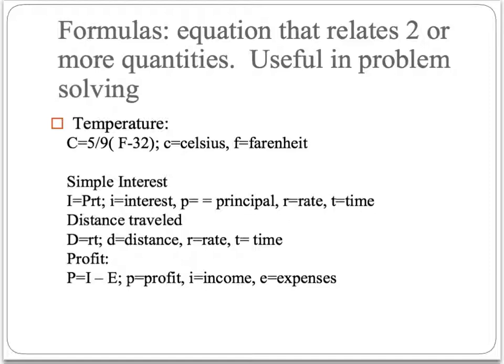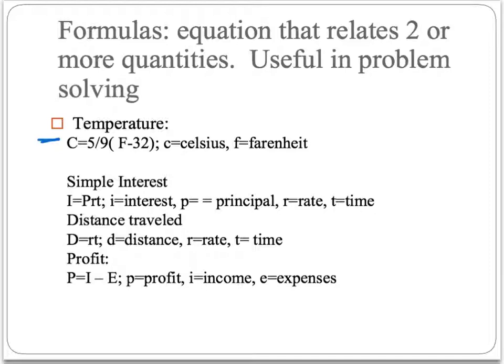When you are solving a problem, oftentimes you need to use formulas. Formulas are equations that relate two or more quantities, and they're very useful in problem solving. A few of these formulas are for temperature, which is converting Fahrenheit to Celsius. Fahrenheit is what we use; Celsius is what Canada and the rest of the world uses.